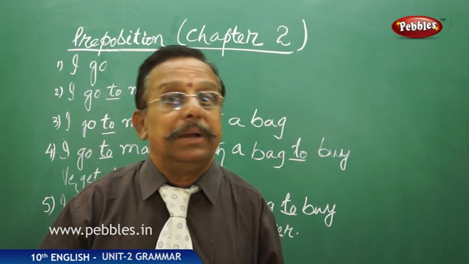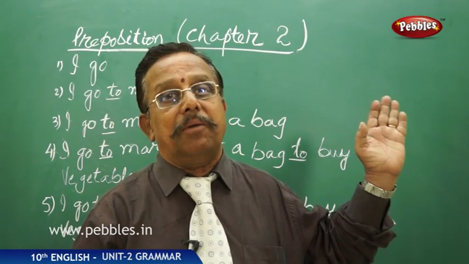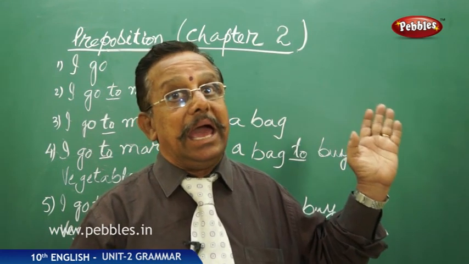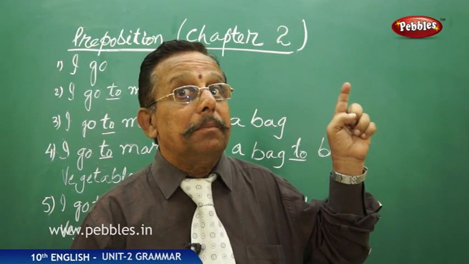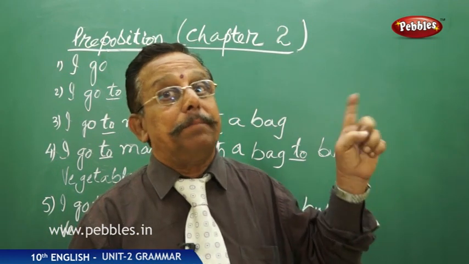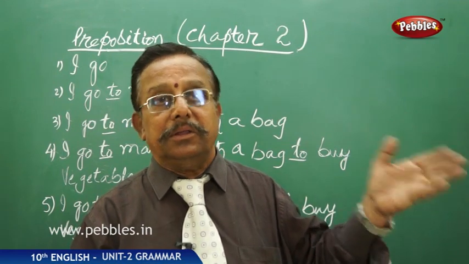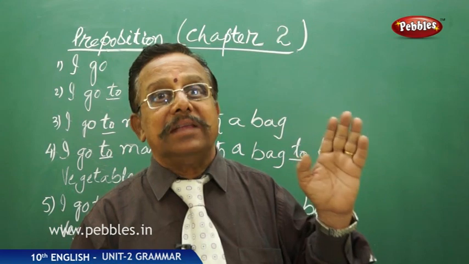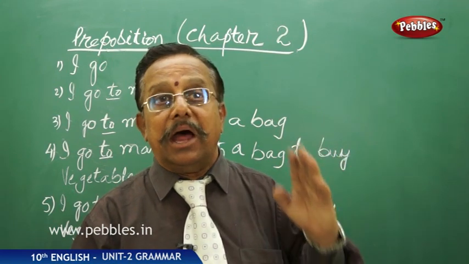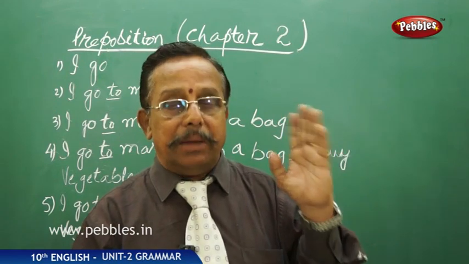Now lastly we have the participle preposition. What is this participle? In the verb form, we have present tense, past tense, past participle, present participle, so-called V3 and V4. Those should not be called V3, V4. A verb has other forms. It is not verb entirely 4 and verb entirely 3. No, the verb is the same thing.